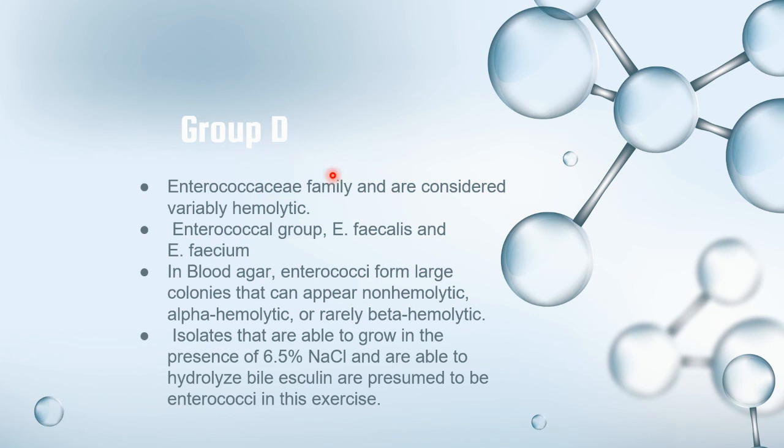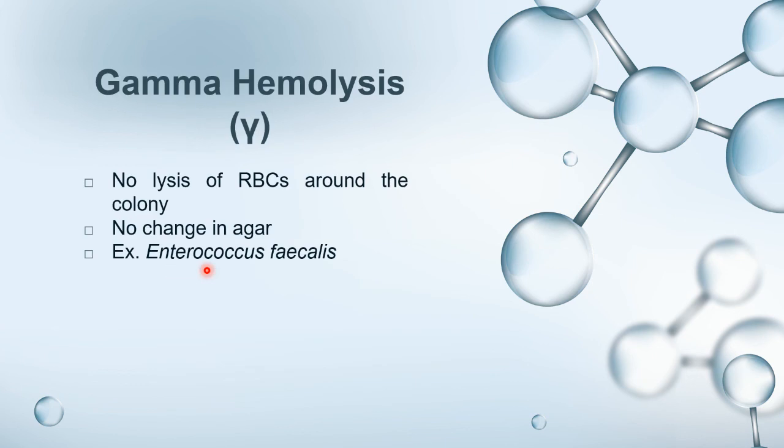Ang group B and are considered variably hemolytic. Okay? So variably hemolytic, ibig sabihin they can show a hemolytic pattern or they can or not or nag-iiba-iba siya minsan. So, in Enterococcus group, we have pwede dito si E. faecalis and E. faecium.